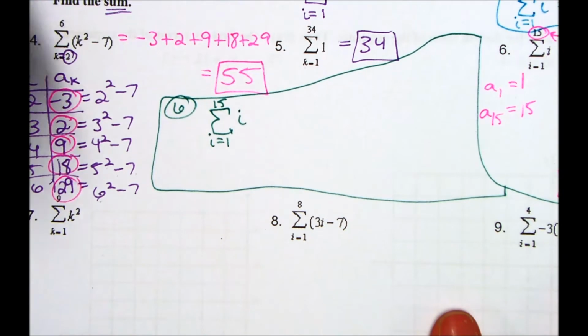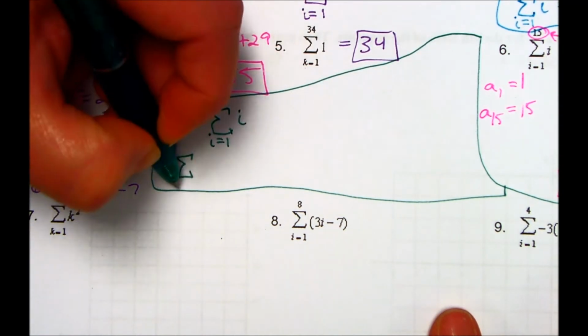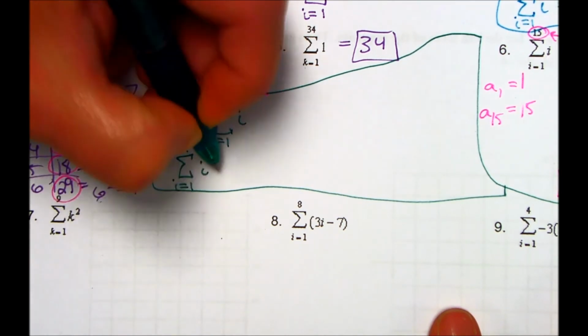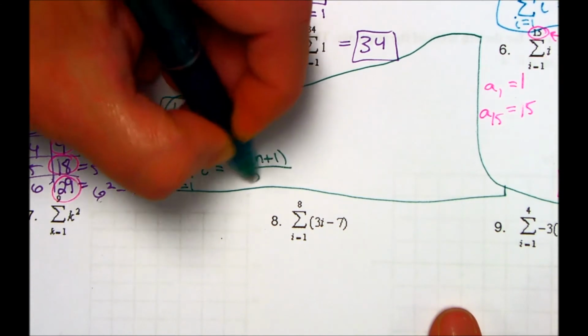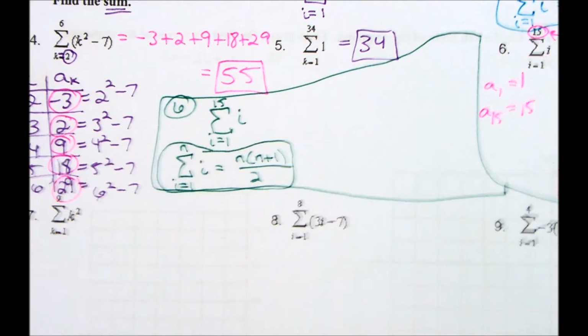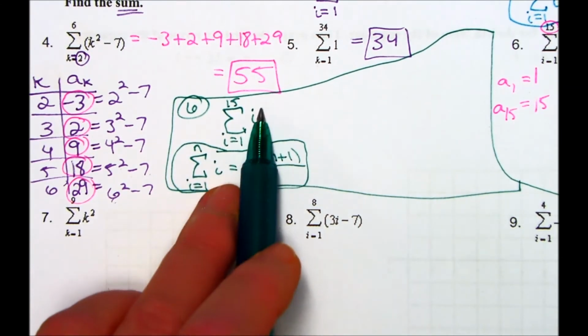And the formula on the formula sheet says the sum of i equaling 1 to n of i equals n times n plus 1 over 2. So this is the formula that you were given on the formula sheet when your rule here is just i to the first power.